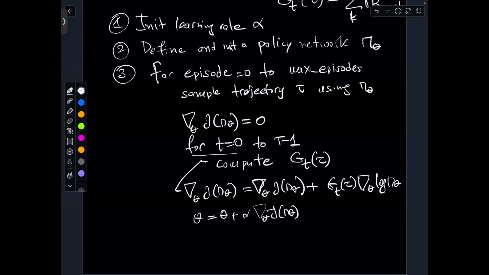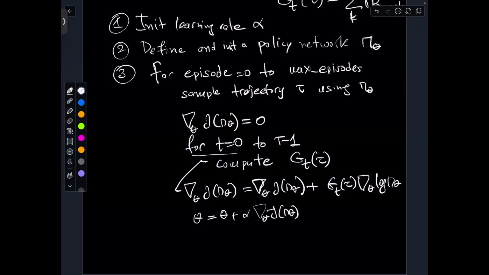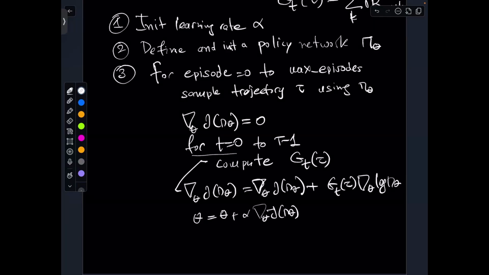For each update, for each episode, we are creating a new trajectory and so on, so we have lots of samples to generate. This is the reason why the REINFORCE algorithm is relatively sample inefficient. We will see approaches where it can be converted to a sample efficient algorithm in a moment, as it has a lot to do with the PPO scheme.